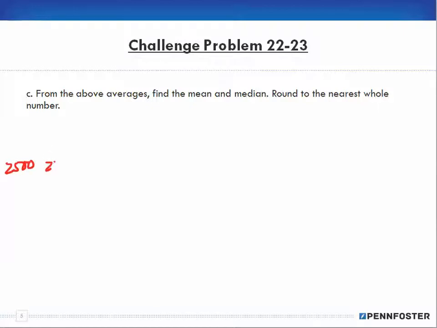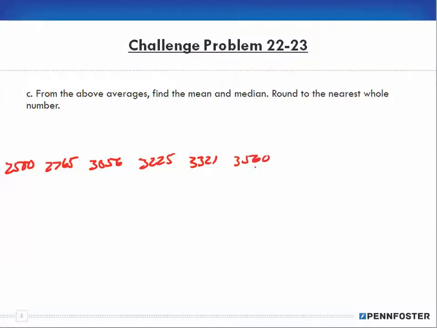Then I have 2765, 3056, 3225. Notice I'm looking for the next higher number all the time. 3321, 3560.